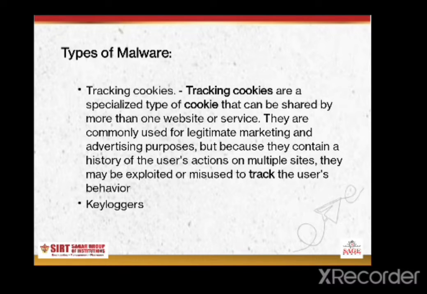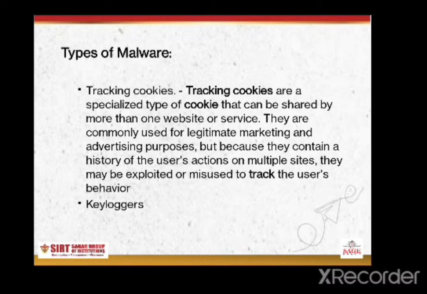There are different types of malwares, like tracking cookies and keyloggers. If I'm talking about the keylogger, whenever we type with the help of the keyboard, there is a malicious software which is used to observe the keys. Whenever we press a key, this keylogger program checks which key I use, and it observes all the keys, and with the help of observation it will understand which type of information I type.